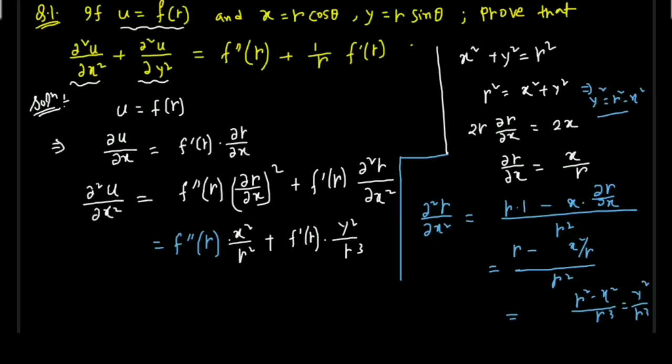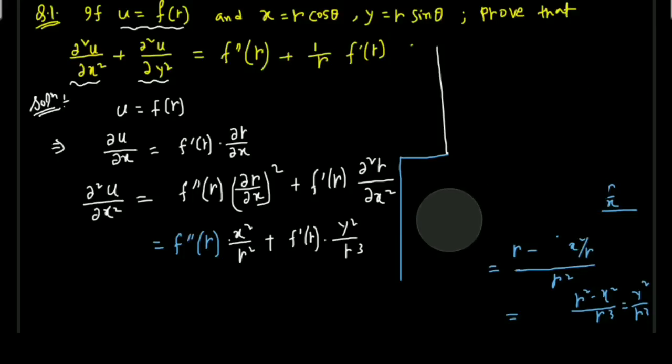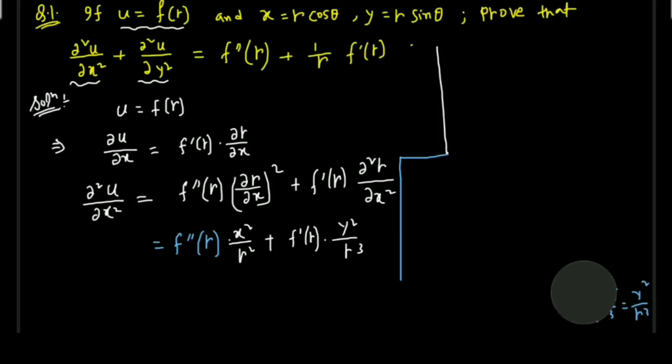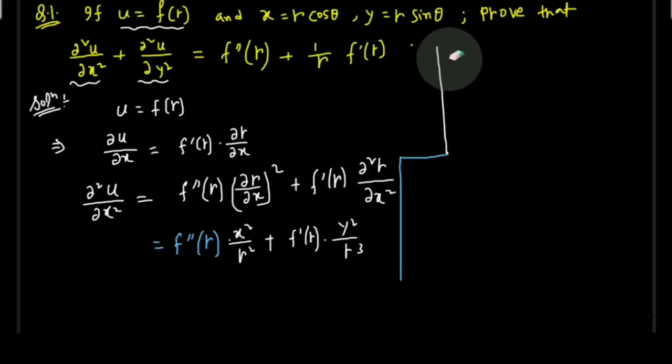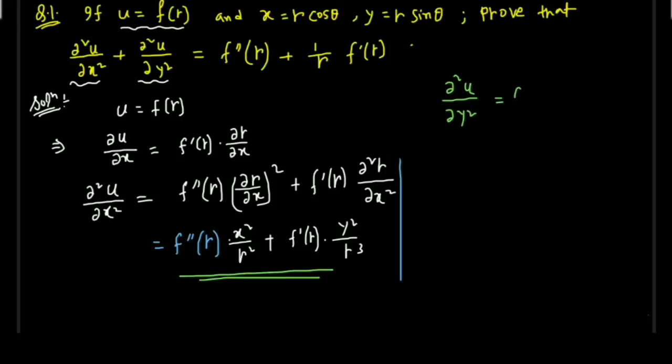Now we have to calculate ∂²u/∂y², and we can calculate similarly. If we want to calculate ∂²u/∂y², then you will get a similar expression, and that will be f double prime r.